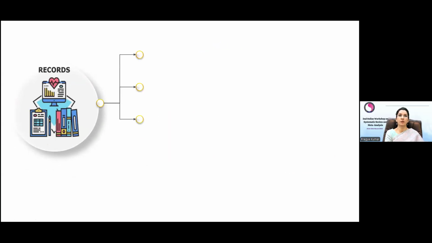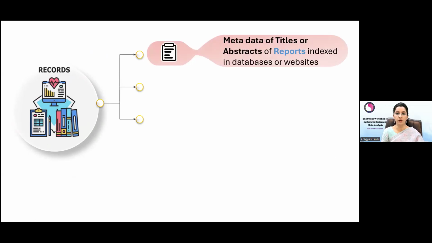Coming to records. What are the records? Like I said, records are the entry of an individual manuscript in a particular database. That is known as the record. Basically it is the metadata of that particular abstract, which is there in the publication house.